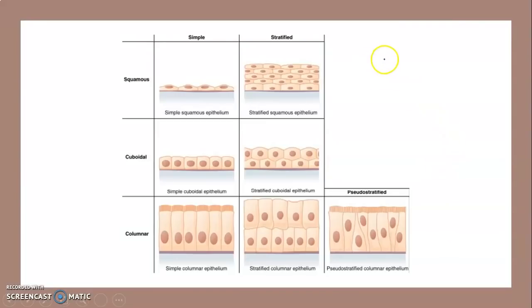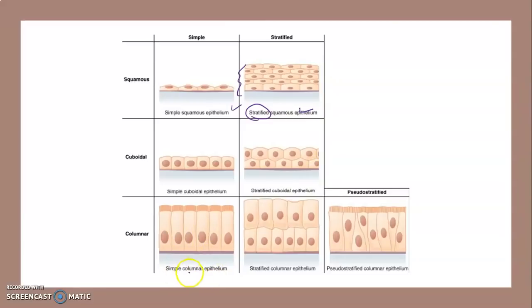Okay, this is just to show the summary of the differences of all the epithelium types. You can see the simple squamous, and also the stratified squamous. The stratified is just the difference of the layers. This is the cuboidal, this is the stratified cuboidal, and then the columnar.